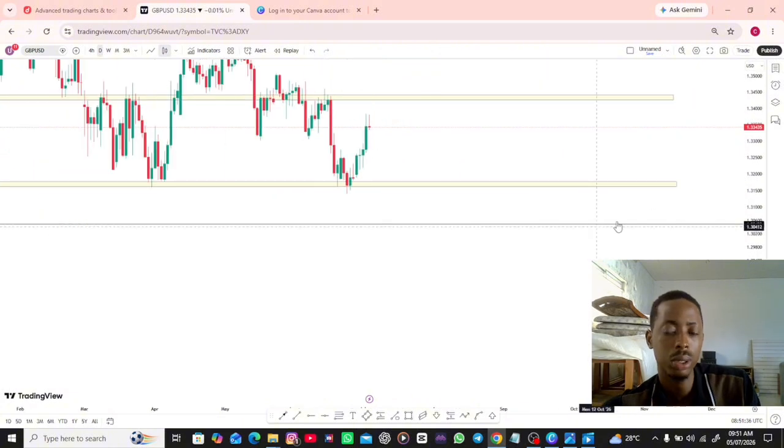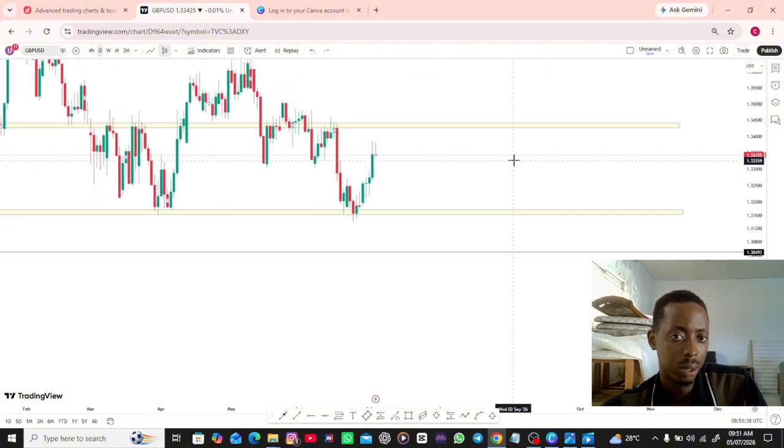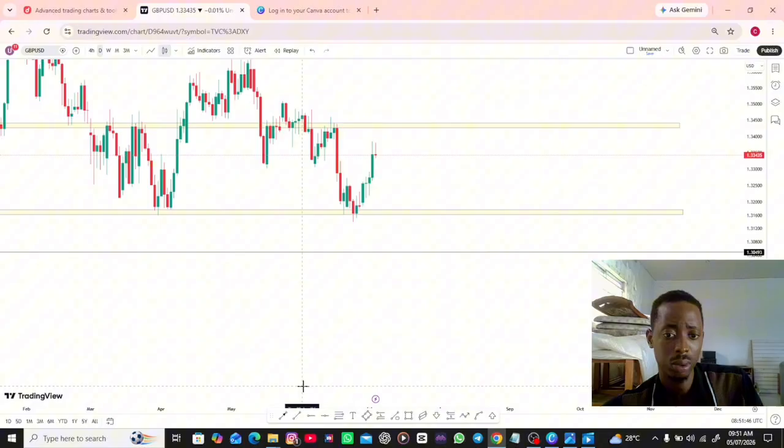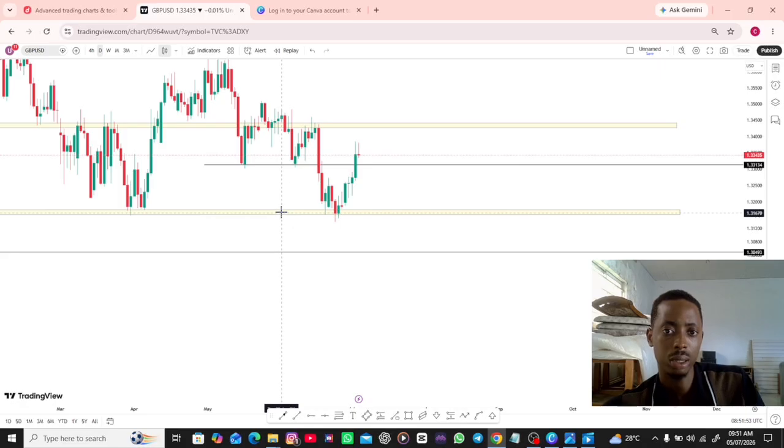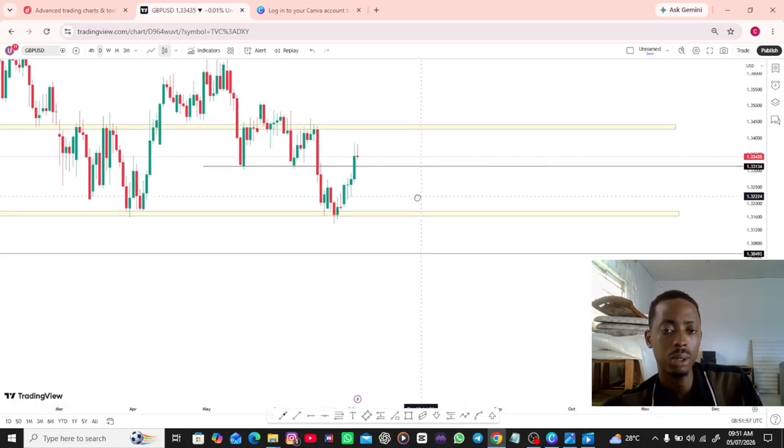And these are the two major levels I'll be looking up to in the GBP/USD. This is under low, but I'm just going to pinch it like this. So what am I looking at on GBP/USD for Monday?